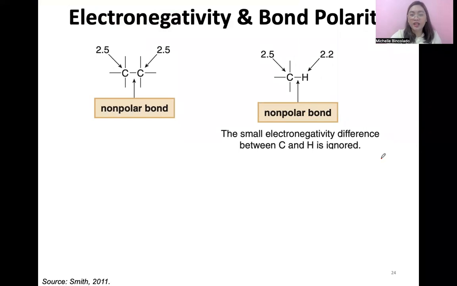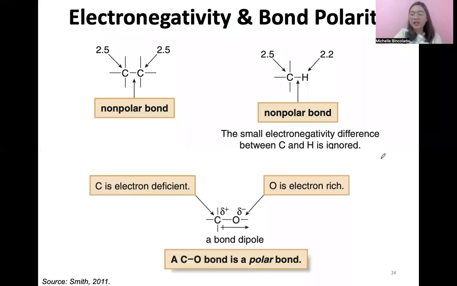Ito yung may kinalaman, guys, yung electronegativity difference. So carbon bonds, example tayo. Ayan, carbon bonds, guys, non-polar because they have the same electronegativity values. And you also know sa organic, even sa Gen Chem, carbon-hydrogen, guys, very small yung electronegativity difference nila. So kaya we also treat this as a non-polar bond.